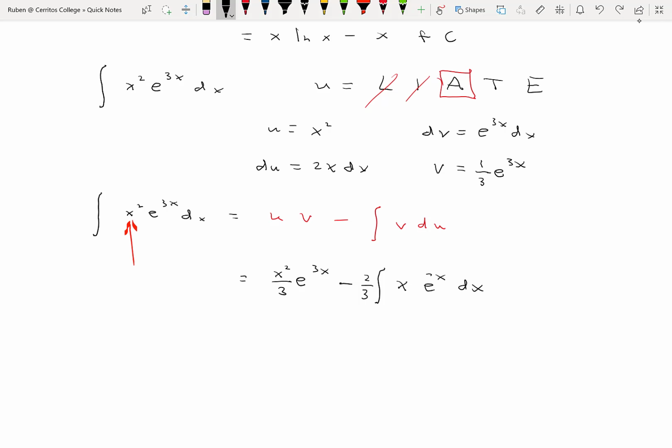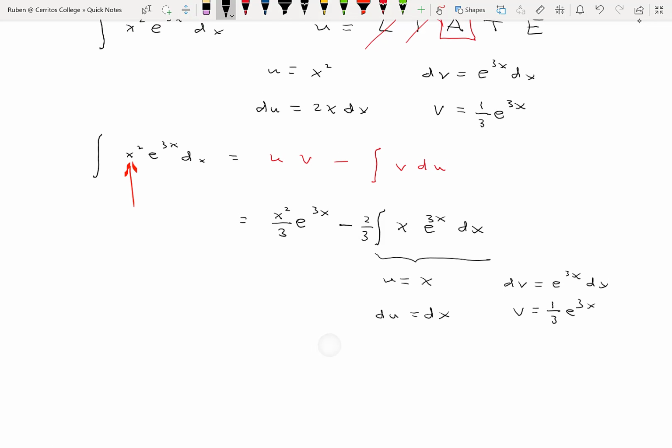So let's do that. Let's do integration by parts again, but only on the last integral. So on the last integral, I'm going to let u equal the x, the power, just like before I let u equal x squared. dv is going to be exactly what I let it equal last time, the rest. v is 1/3 e to the 3x. du equals dx. So I'm going to bring my equal sign down.